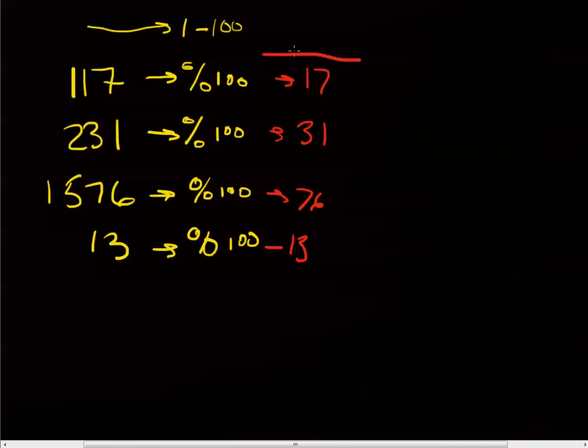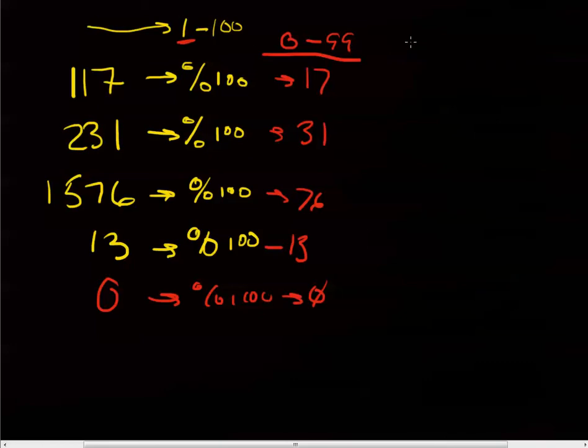What we should note, though, is what's the smallest number that can come out of this transformation? Well, if we had 0, 0 mod 100 would have given me 0. So the smallest number is not 1, the smallest number is 0. The maximum number, of course, is 99. So by taking a modulus of 100, we were able to transform all these random numbers into new random numbers, all between 0 and 99.